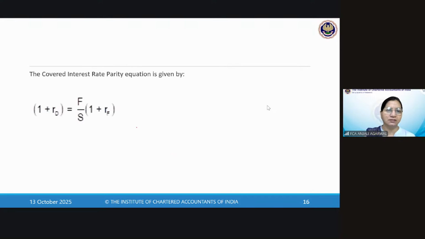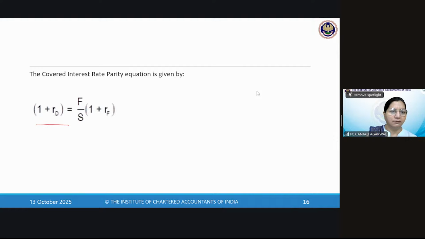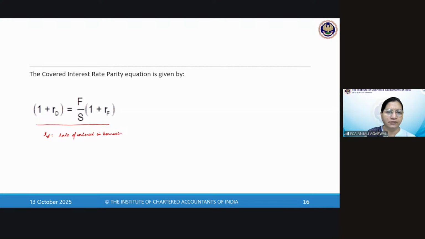For this, we use the covered interest rate parity equation. Now, if you look at this, you can see that RD is the rate of interest in the domestic currency and RF is the rate of interest in foreign currency.